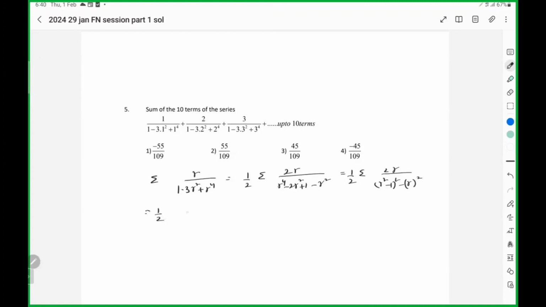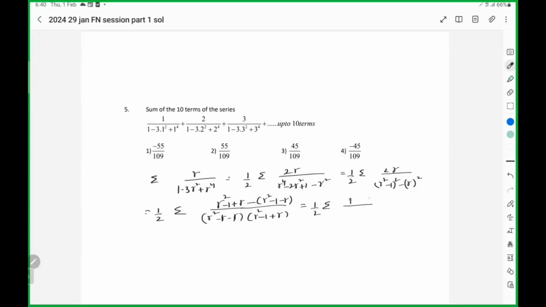Half, if you take sigma, 1/(r² − r − 1) − 1/(r² + r − 1). So this 2r I can write as (r² + r − 1) − (r² − r − 1). Generally this kind of problem is a telescopic series, so all of them get cancelled.